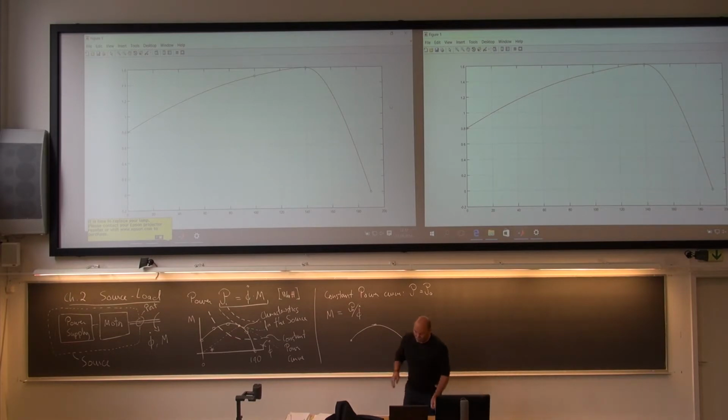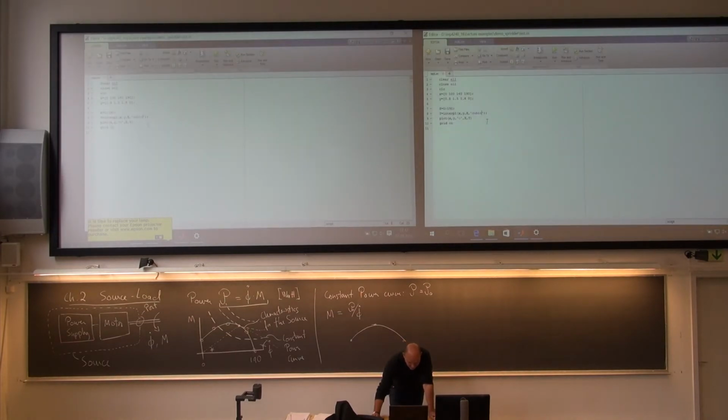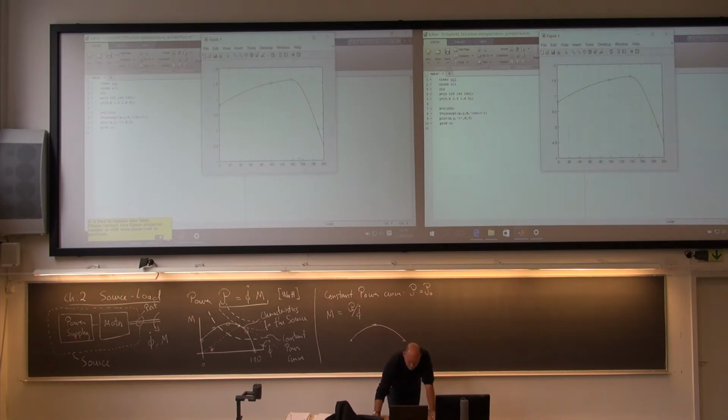So you can see here what's happening if you go outside your region from 0 to 190. That's my region where I have data. So if we now go to, say, 200, I go outside the region.